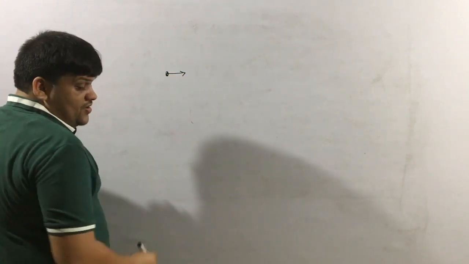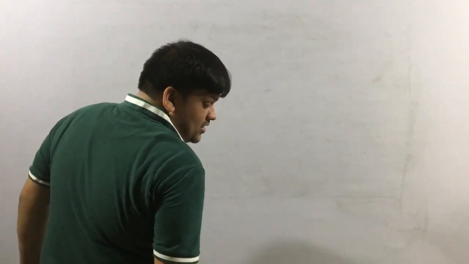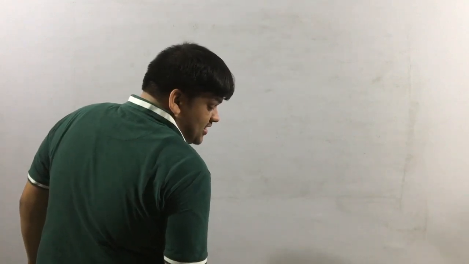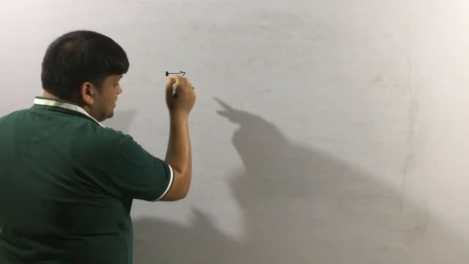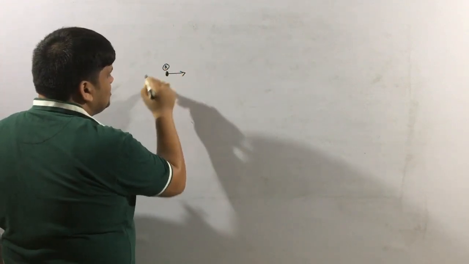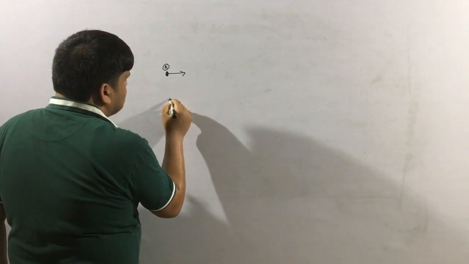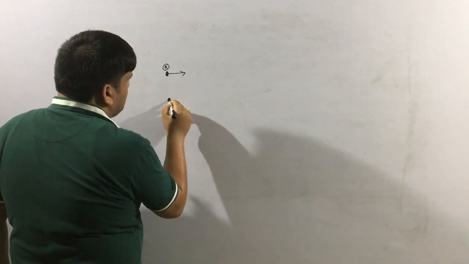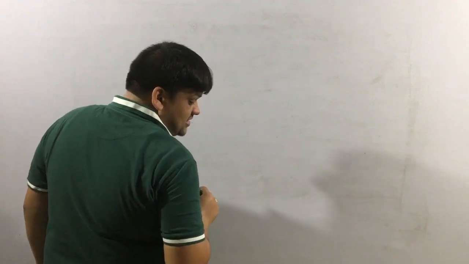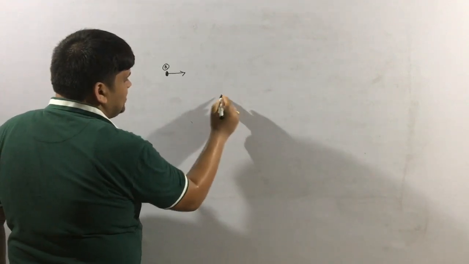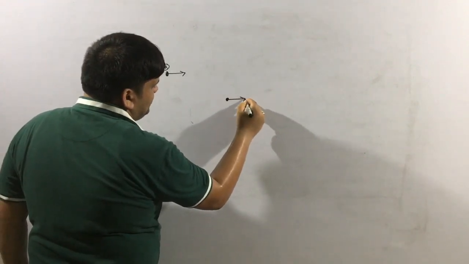Means the question is like this: two cars are there. They are moving in the same direction with the same speed. Okay, so here one car A is there, let another car B be here, and they are separated by a distance of 5 km.